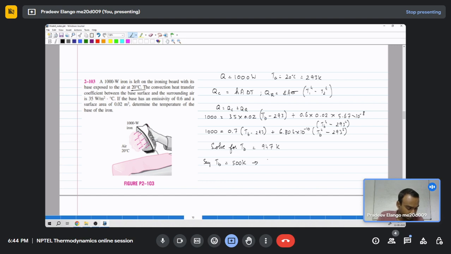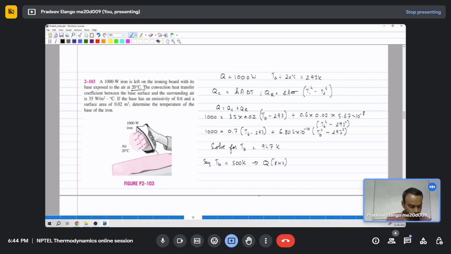Then calculate the value of Q on the right hand side. See if it is more than 1000 or less than 1000. If it is more than 1000, you have to come down, and if it is less than 1000, you have to go for a higher temperature.